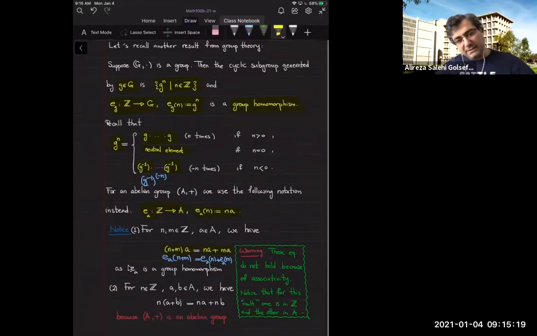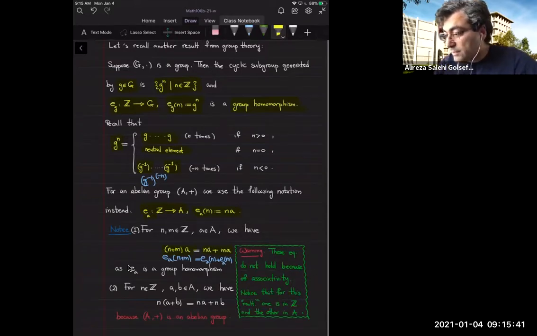Now we have seen, I mean, I've pointed out this, that we can distribute an element of the abelian group from right. Now we can do the same for distributing an integer. And this is true this time because capital A is an abelian group.